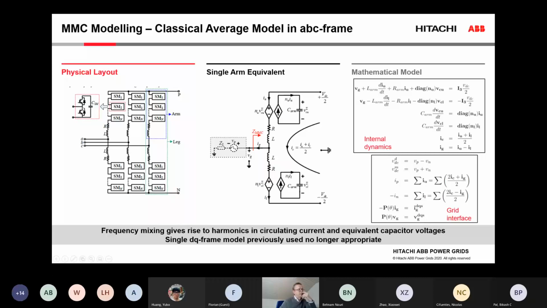In a modern HVDC system, we stack about 200 of those cells. And that allows us to create a very smooth output voltage with low harmonics. It reduces significantly the need for filters. So most often there is actually no harmonic filter in an MMC converter if you don't consider these arm inductances as a harmonic filter.